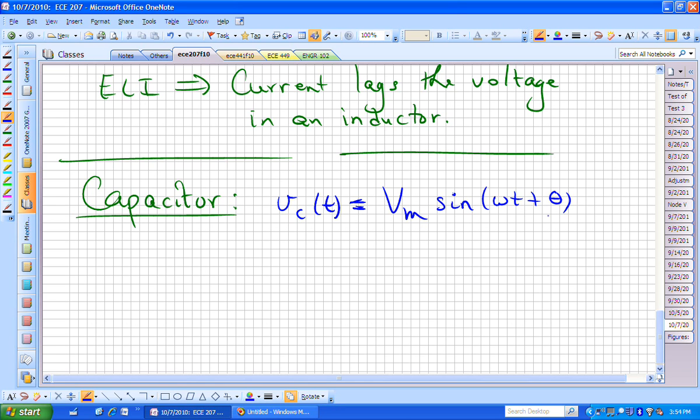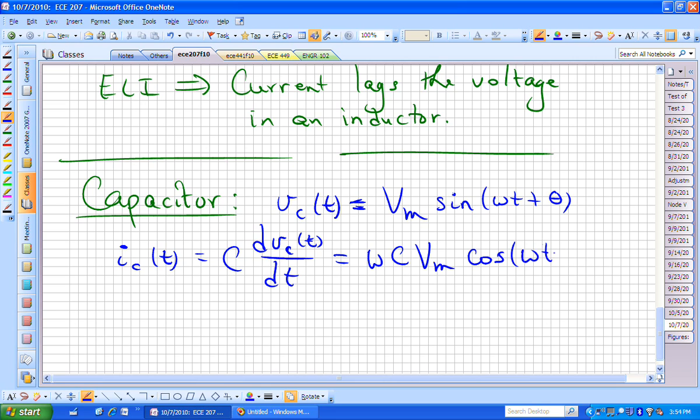If that's the case, by ICE, I know that I sub C is C dV sub C of t dt. If I take the derivative of that sine, I now have omega C V sub m cosine of omega t plus theta. That's how my current is related to my voltage in the time domain for a capacitor.